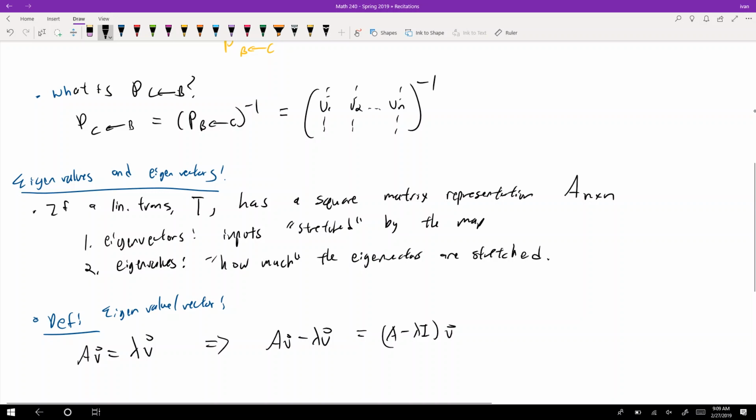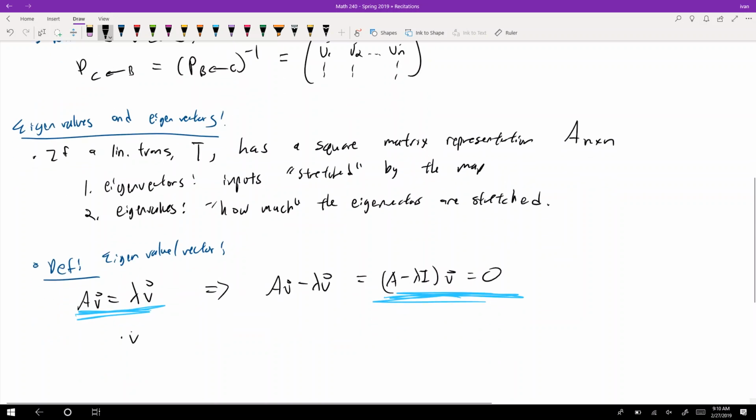So this definition and this definition right here: (A minus lambda I)v is equal to 0. That's another definition, and this is one of the definitions. Those are going to be the two that you see the most often. Okay, and in this case, v is your eigenvector, and lambda is your eigenvalue.